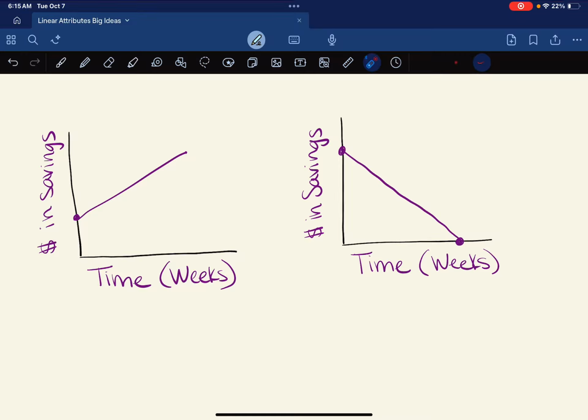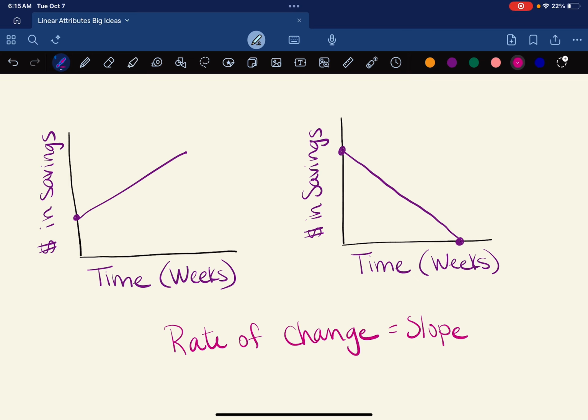Now, just like we have in previous videos, you can always find the slope of any sort of situation, or in this case, we would call this rate of change when we're talking about word problems, just by finding 2 points on our graph and counting our slope, or our rise over run.